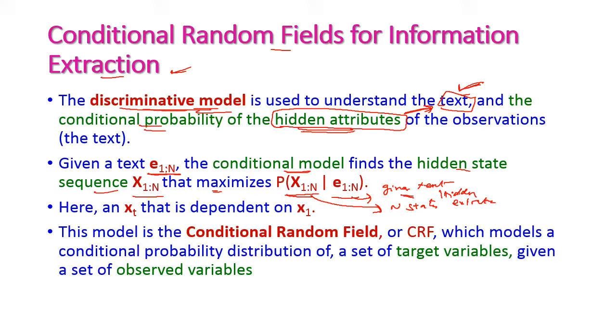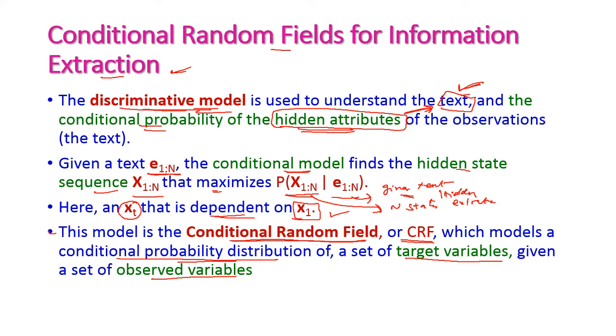The hidden states will be dependent on each other, that is, any hidden state xt will be dependent on x1. The model is the conditional random field, otherwise called CRF, which models the conditional probability distribution of target variables given a set of observed variables.